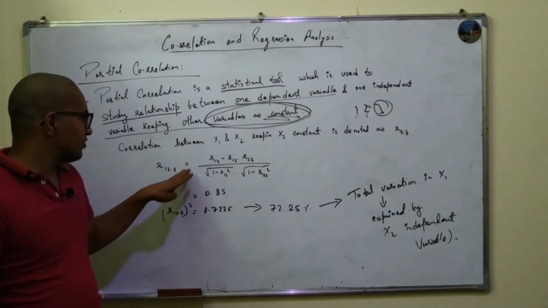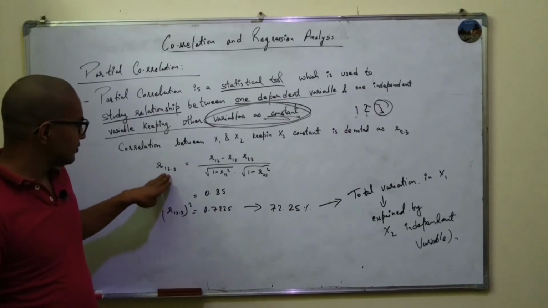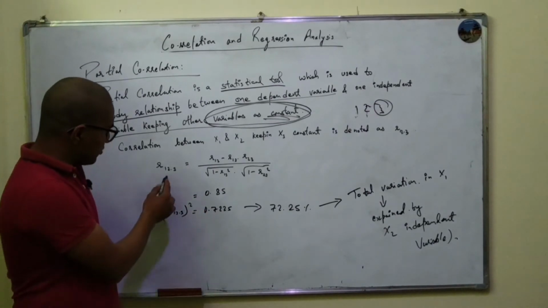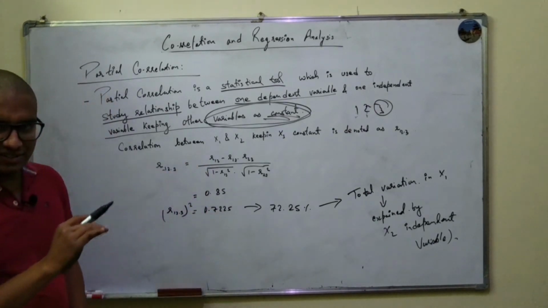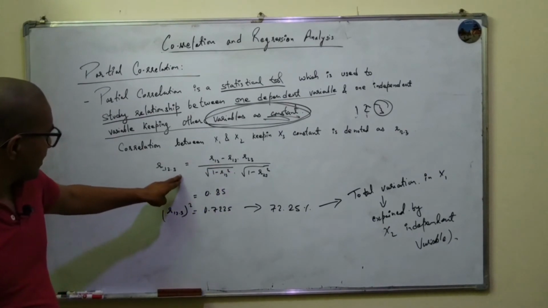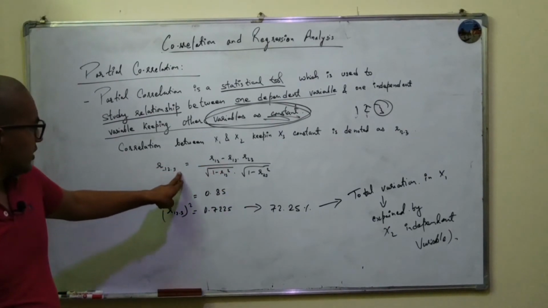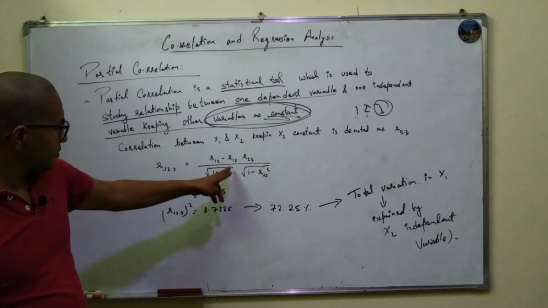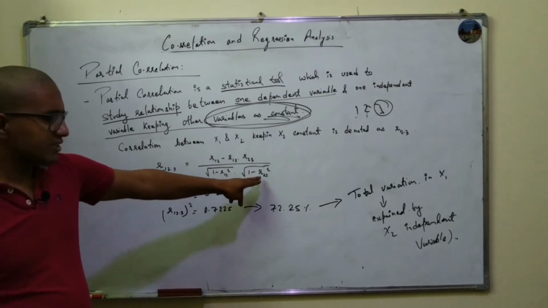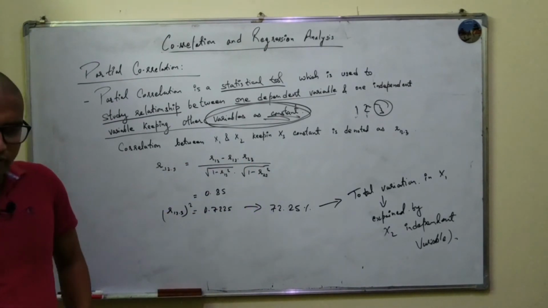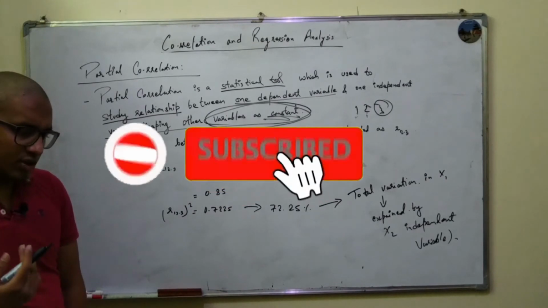Okay, so the formula will be r12.3 equals r12 minus r13 r23, over the square root of 1 minus r13 square, 1 minus r23 square. See the pattern: 12 will be at the beginning.